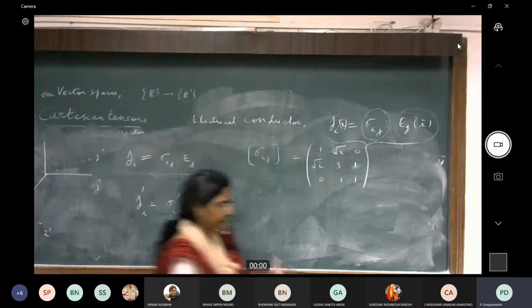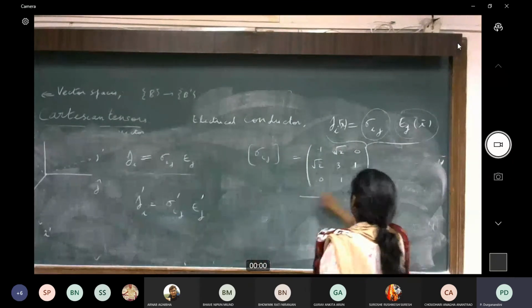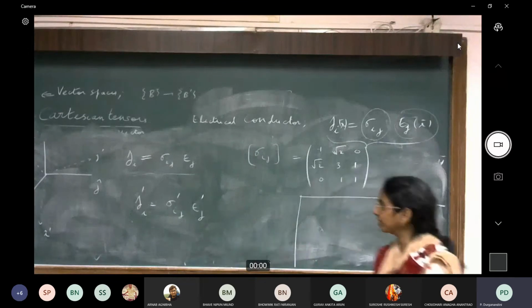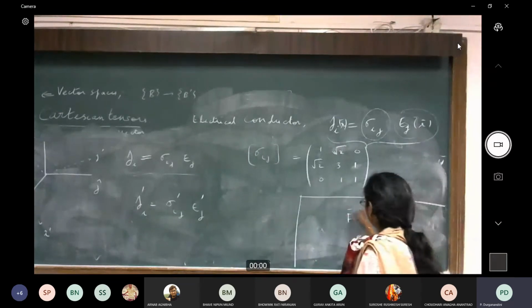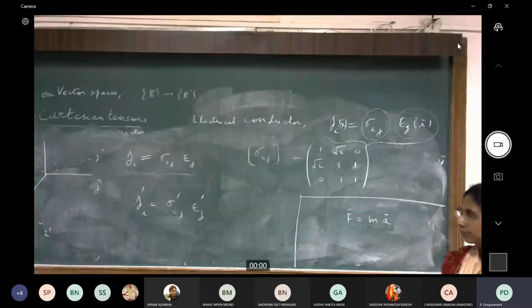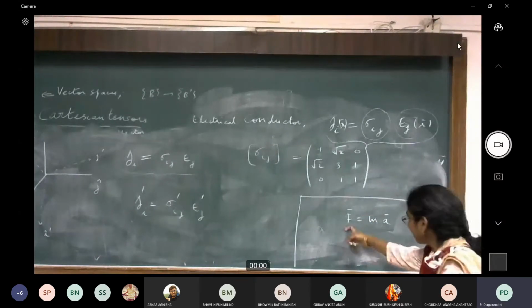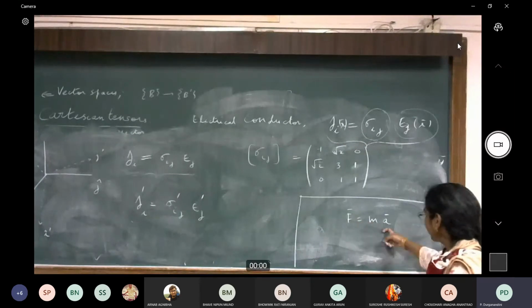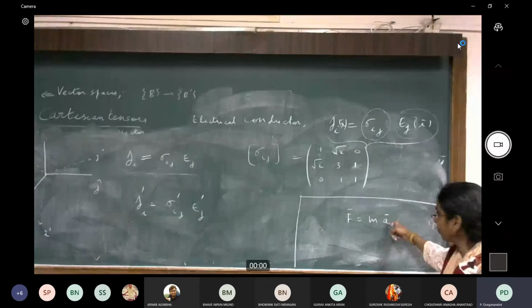And this way, we implicitly have done this in our usual physics. For example, when I have F equal to m a, this is our Newton's law. The left-hand side is a force which transforms like a vector. On the right-hand side, I have this m which transforms like a scalar multiplied with an acceleration which transforms like a vector.